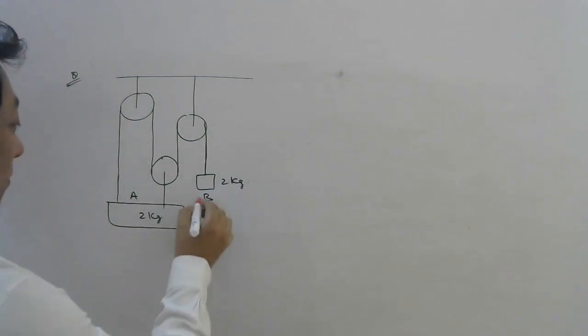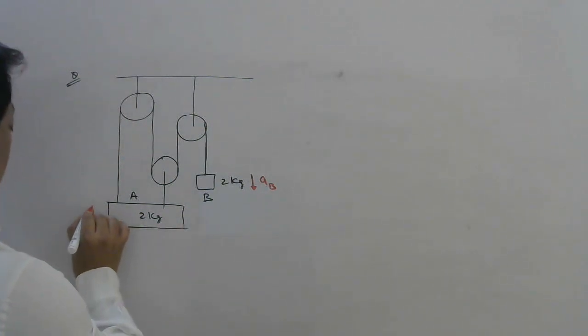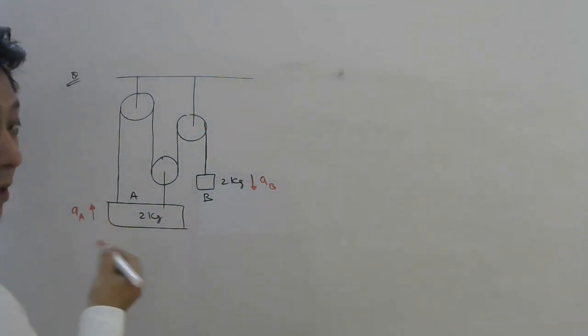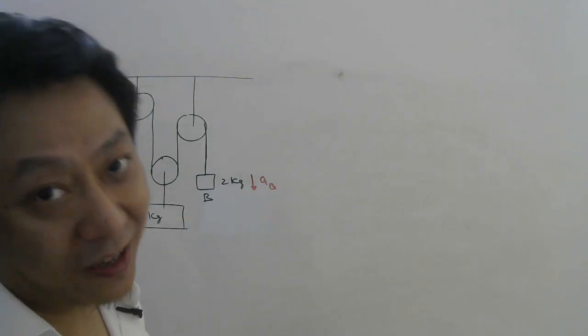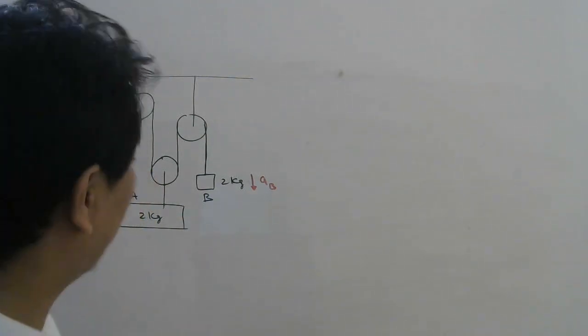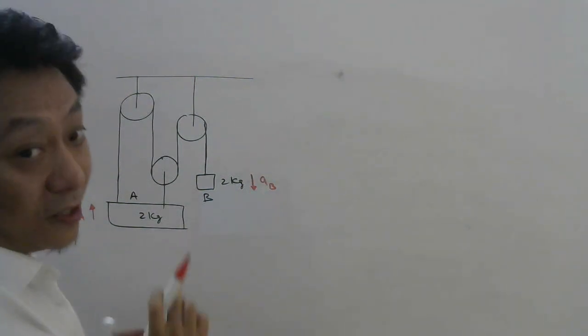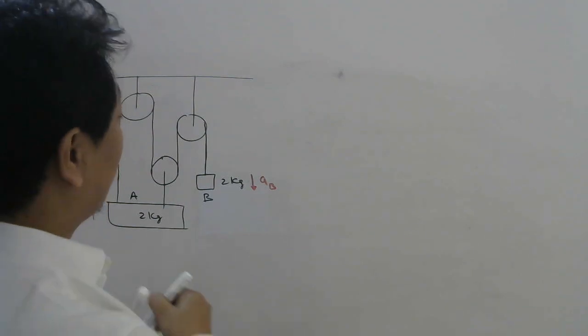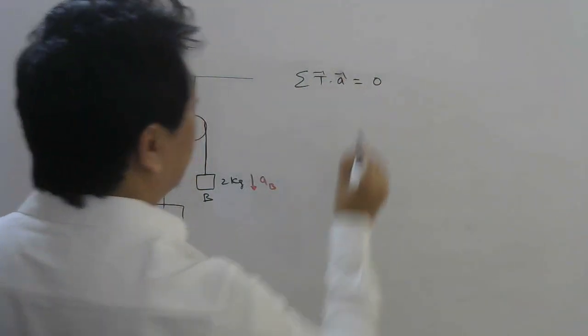So let's assume B has acceleration down and A has acceleration up. If you want to do reverse, you can do it. The final answer will tell you whether you have done the right direction or the reverse one, right? Now let us find relation between these two accelerations using the second technique. So summation of tension dot acceleration should be 0.